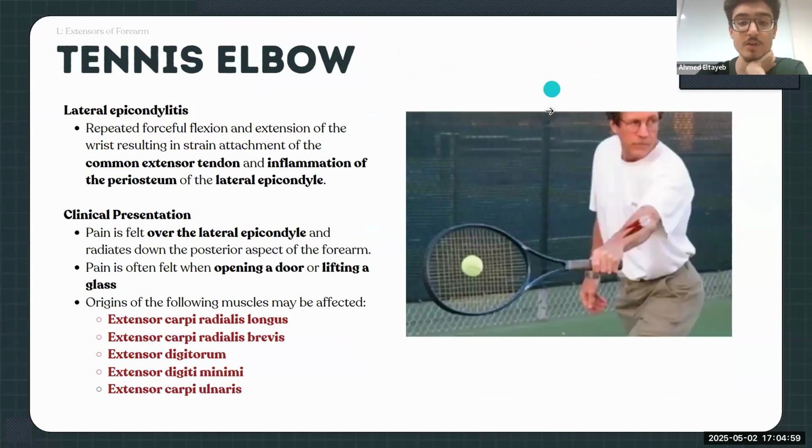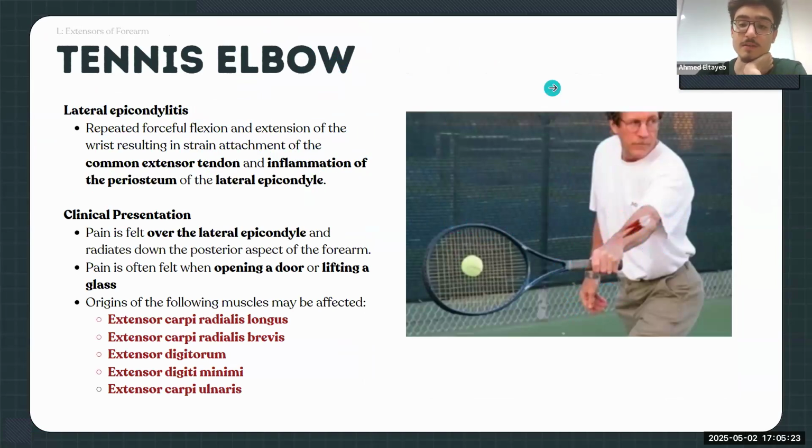Tennis elbow, we talked about it a little. It's inflammation of the lateral epicondyle. With repeated forceful flexion and extension of the wrist, or basically when you abuse the muscles of this region, you're going to develop this condition. And it's very common, by the way.